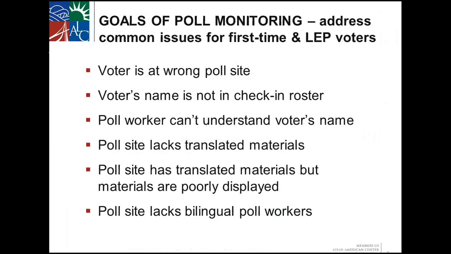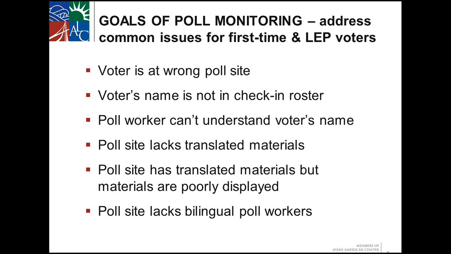Now, some common problems that poll monitors might see, especially with first-time and LEP voters, is the voter at the wrong poll site. We see this a lot. Voters oftentimes change address, or precincts maybe shift, and people are no longer at the right polling site. Are the poll workers helping them find the right site, especially for those with limited English?